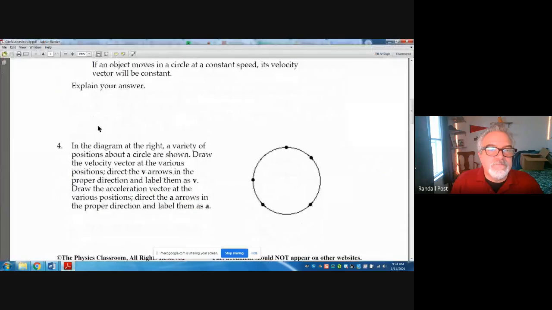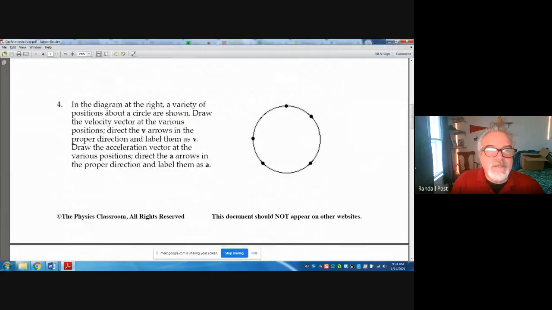Number 4. In the diagram, there are positions in the circle, and this is kind of like the do now and kind of like my story about people standing in a circle. Draw the velocity vectors at these positions. 1, 2, 3, 4, 5.